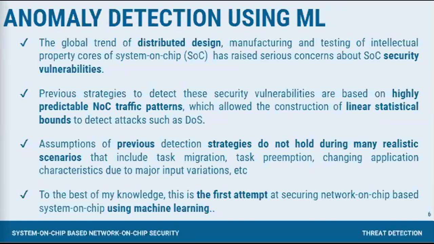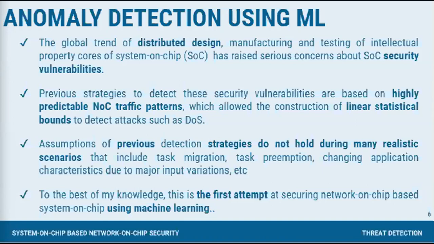The first is the global trend of distributed design, manufacturing and testing of intellectual property of system on chips, which has raised serious concerns about system on chip security and vulnerabilities. I have mentioned in all three previous webinars that this is happening because of the complexity.